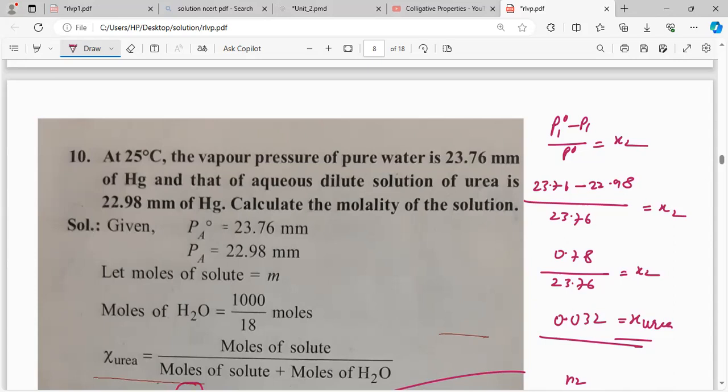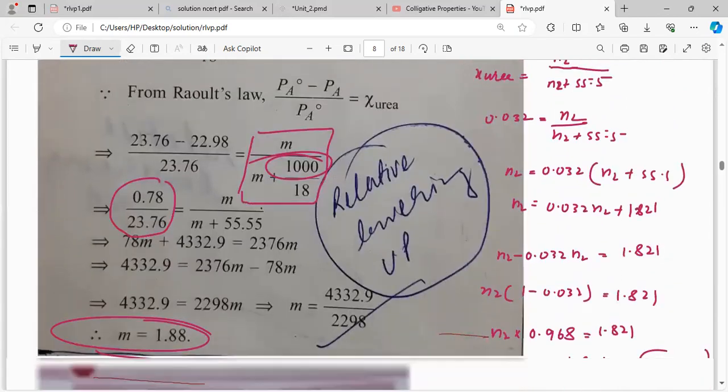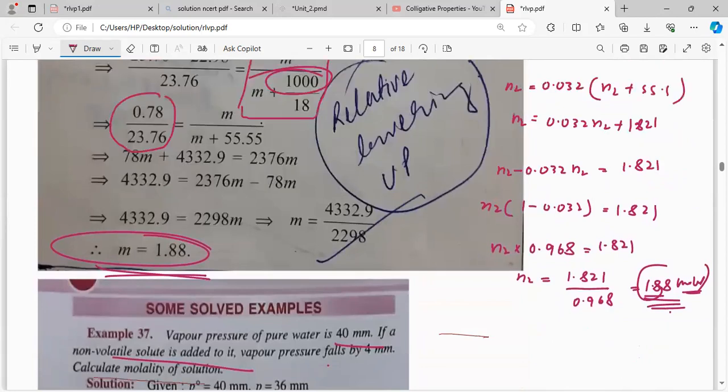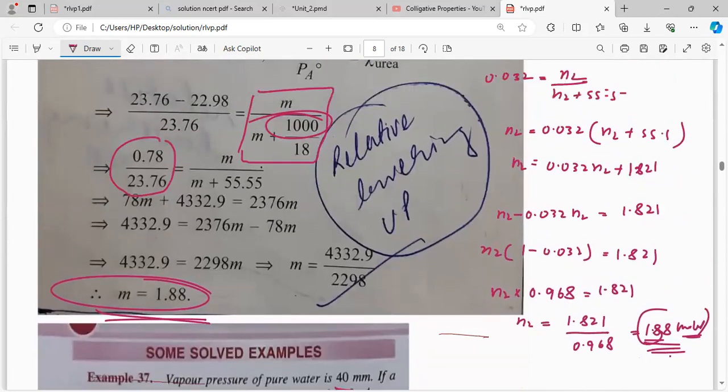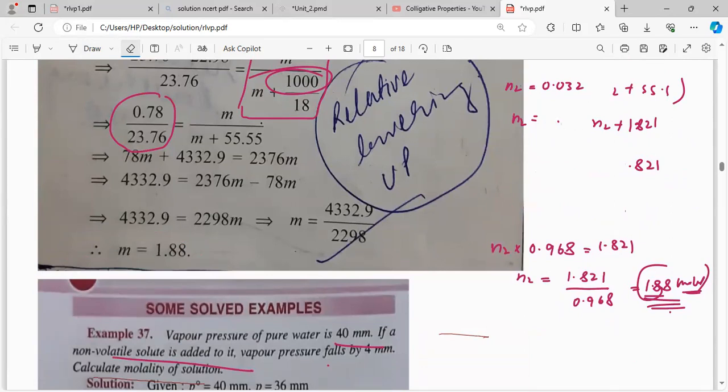Done. All done, or is anything missing here? Nothing is missing. Then what is the problem if you solve this problem? Will you try? Sir, one more you do, sir. After that, I will. Why should I do? It is not clear. What is not clear? You read the question. It will be clear automatically. You can do.